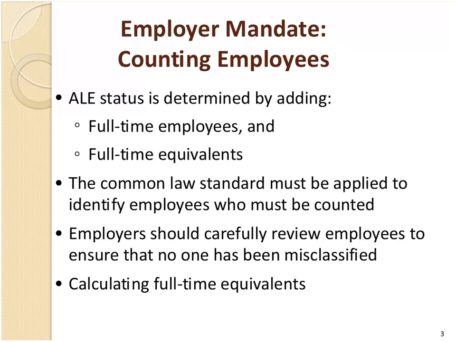Then you will divide that total number of hours by 120 to get the number of full-time equivalents. Then you will add that number to your actual number of full-time employees to determine whether that number is over or under the 50 employee threshold.